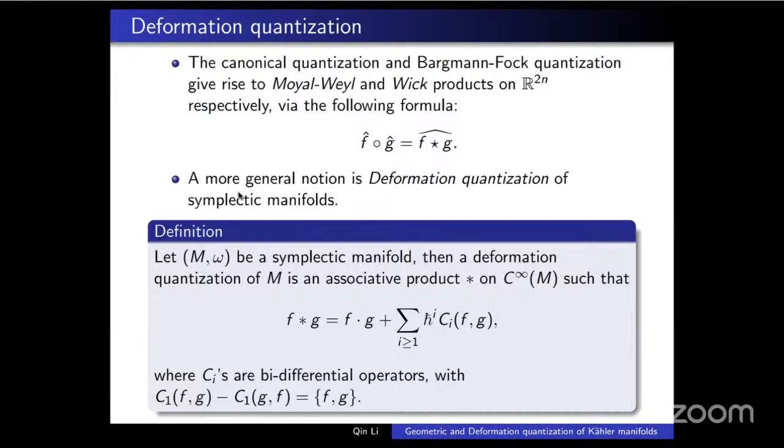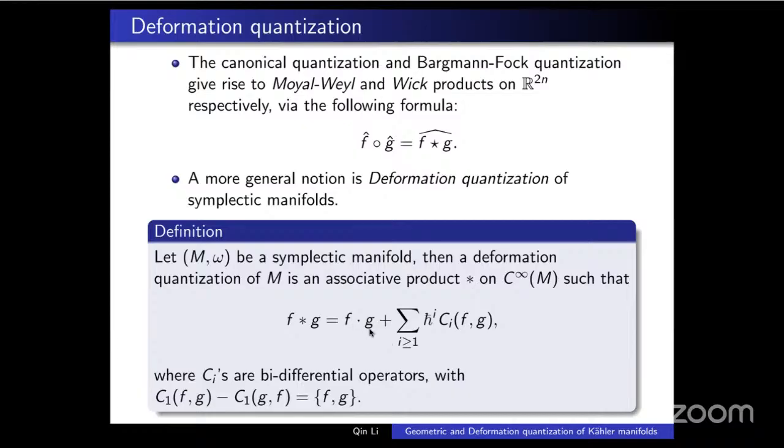So there is actually a more general notion of deformation quantization of symplectic manifolds. Given a symplectic manifold M, with omega being its symplectic structure, a deformation quantization of M is an associative product star on smooth functions such that f star g equals a power series expansion in h bar.